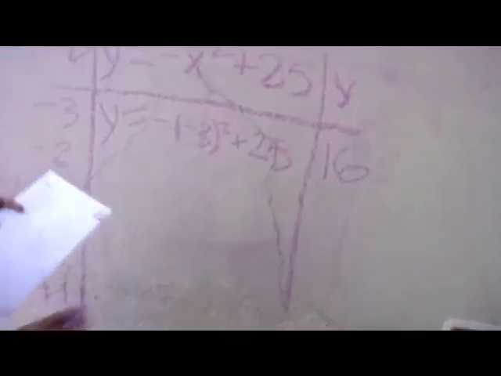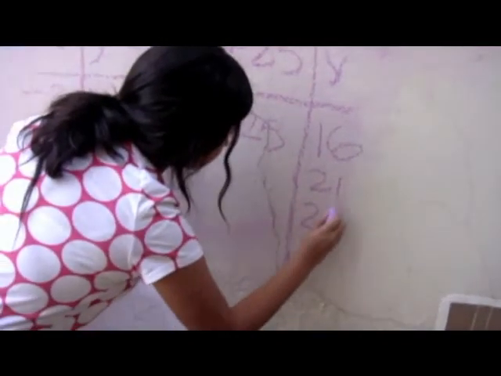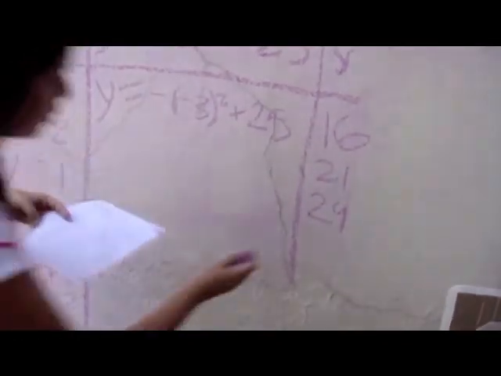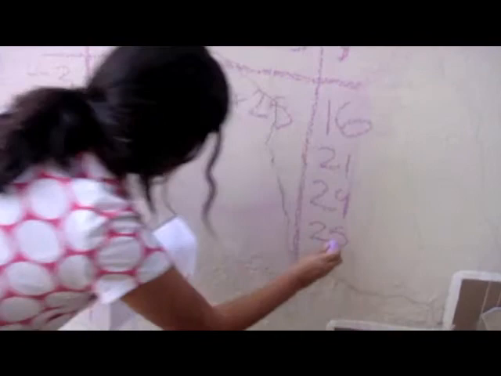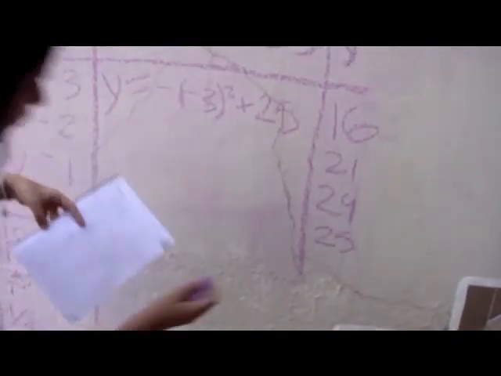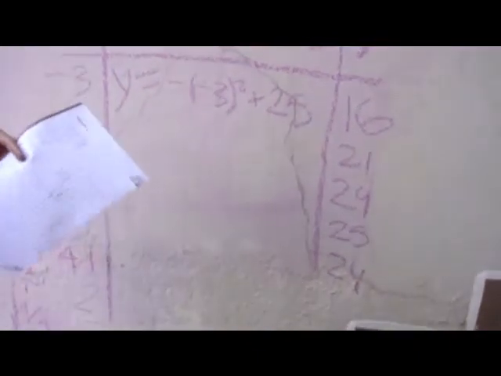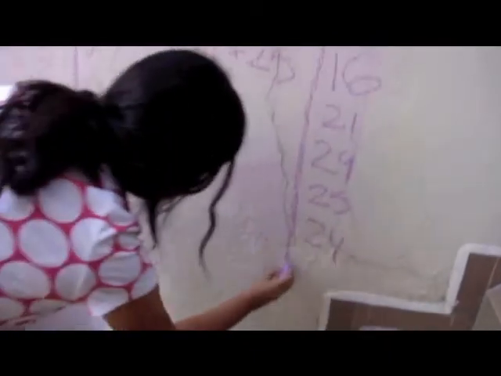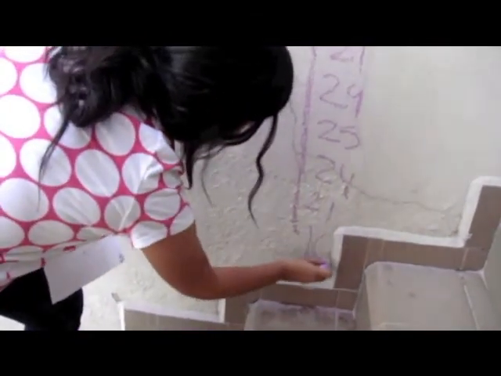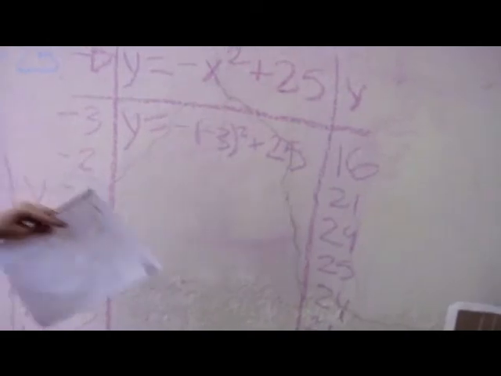You have to do that with all the values, and you will get for -2, 21, -1, 24, 0, 25, 1, 24. As you can see, they are already repeating. 2, 21, and the last one, 3, 16. So now we have our coordinates for both equations.